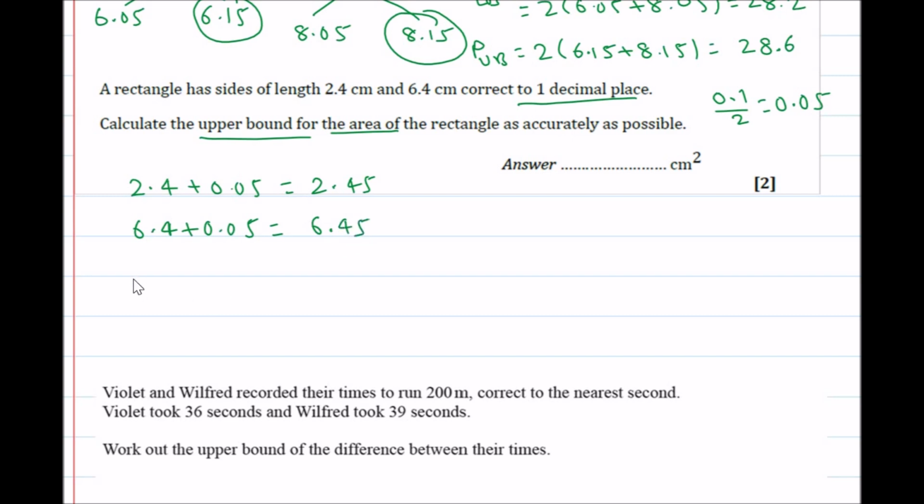So area upper bound is equal to 6.45 times 2.45. We'll get 15.8025.